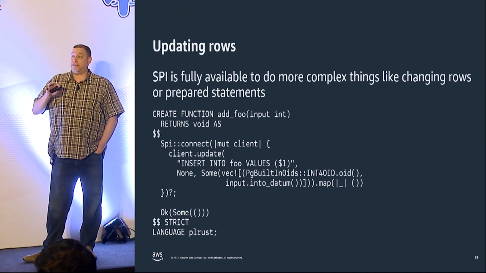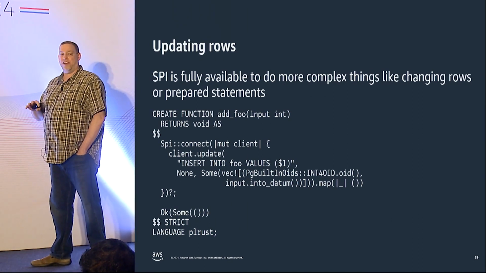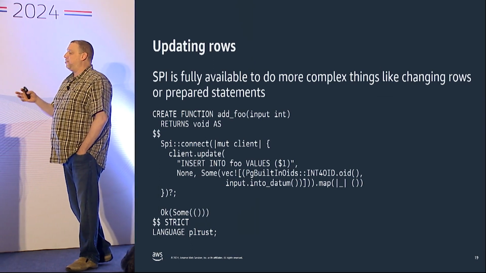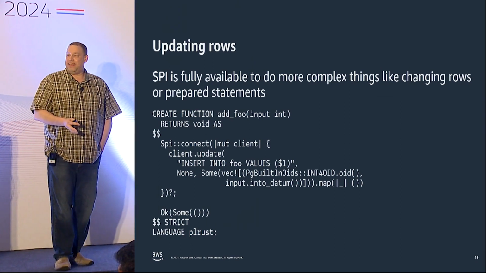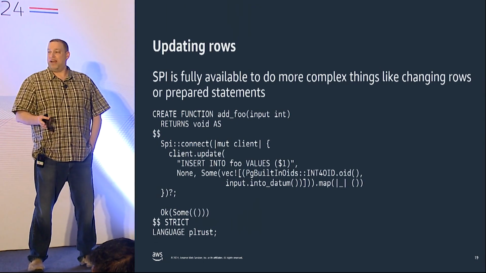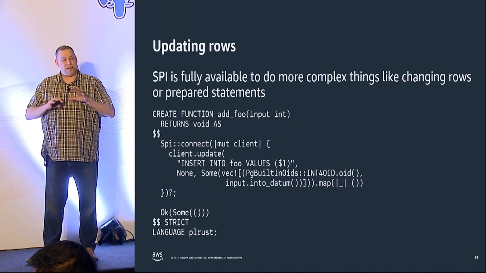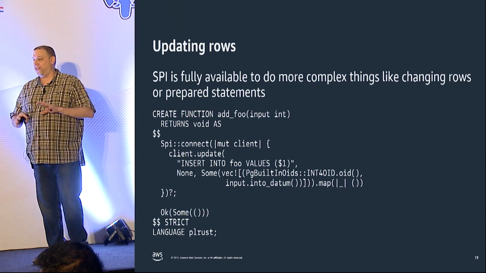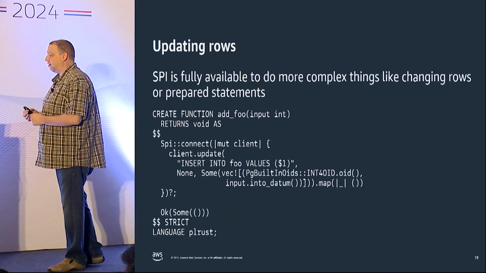But again, this is a lower level language, so you're doing things like defining the data types. It's not going to interpret it for you. So as you're sending in values to that, you need to tell it that it's the OID of an int4. Right? And there's macros for that. So you're being a little bit closer to C in some of these things in your interactions. But you're still doing it at a slightly higher level language.